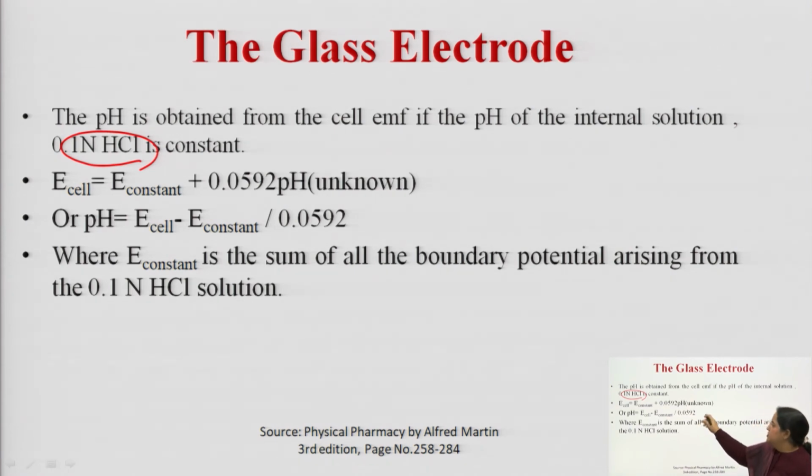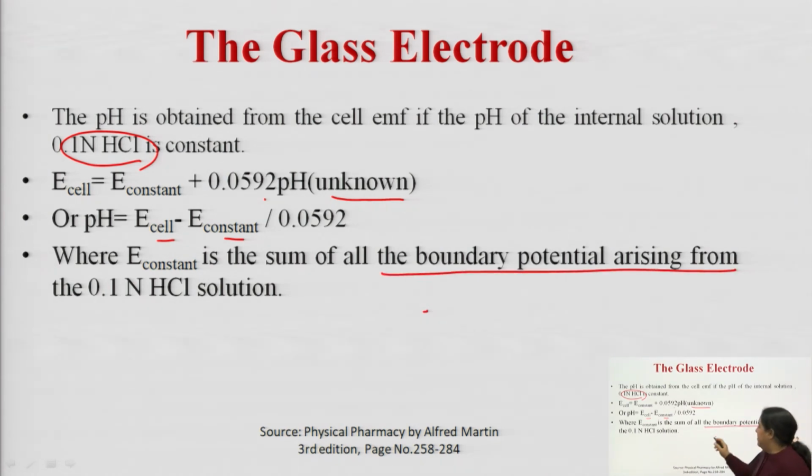So, the cell equation reduces to E cell is equal to E constant plus 0.0592 pH, that is of the unknown solution, or pH is equal to E cell minus E constant upon 0.0592, where E constant is the sum of all the boundary potentials arising from the 0.1 normal HCl solution, right.